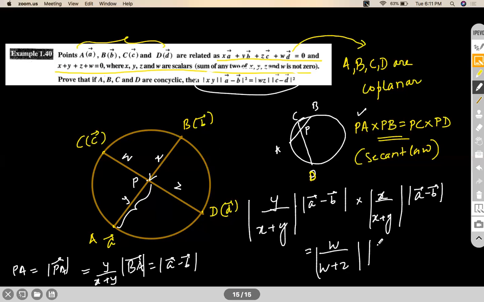Okay, and the whole thing is mod C minus D. So this length CD is mod C minus D. So the length of this will be mod C minus D. And this is W by W plus Z times CD. Similarly, PD will be mod Z by W plus Z.